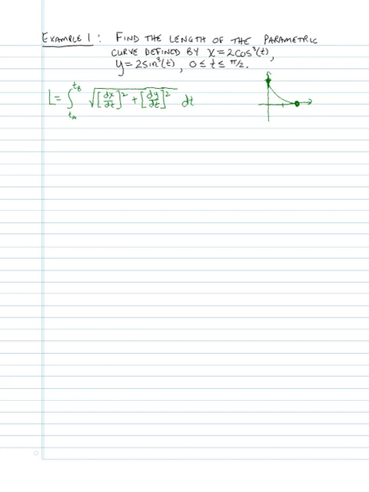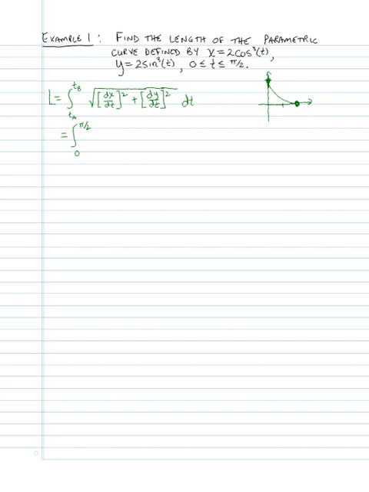Built into our problem, it tells us the limits of integration because this curve is just defined from 0 to pi over 2 for the t values. So our t value is 0 beginning and pi over 2 ending. That's not a problem at all.